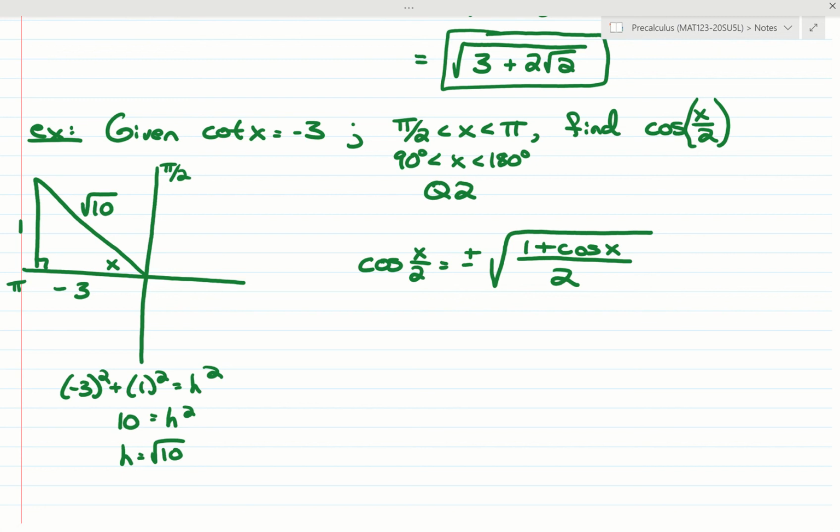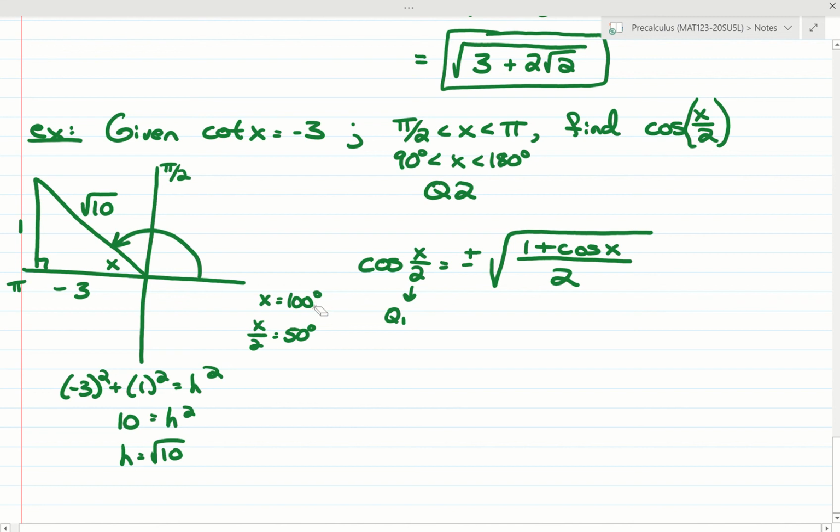That's what we're asked to find. So let's pick an angle in quadrant 2. Maybe use 100 degrees. What would x over 2 be? 50 degrees, right? So this is really telling us this is going to be in quadrant 1.